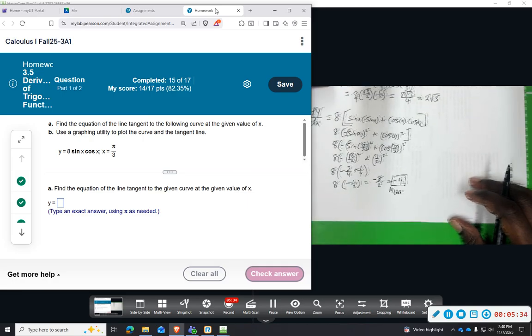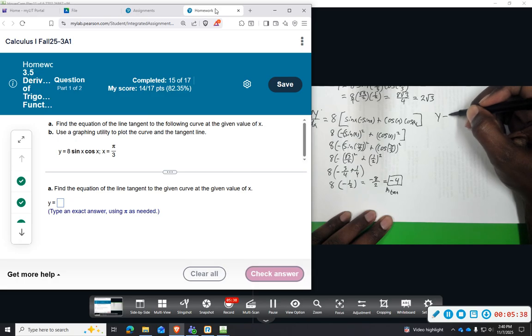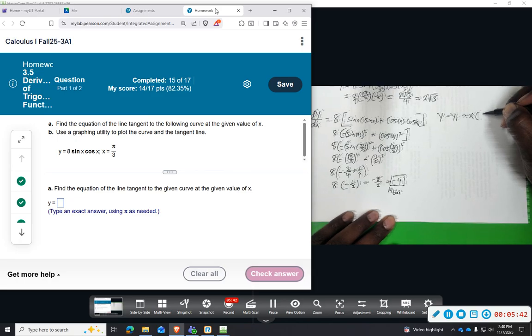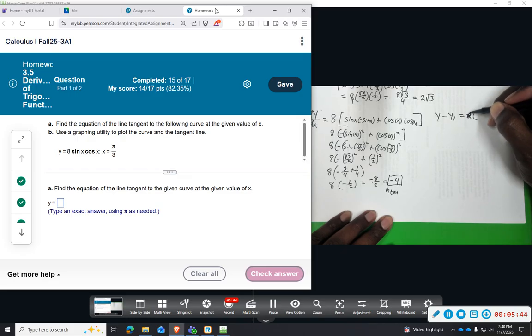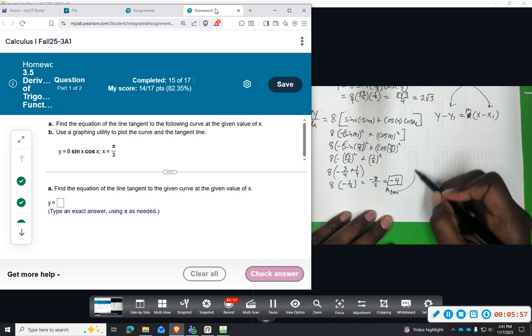All right, from here we can now use the point slope form. y minus y1 equals m, x minus x1, and we will plug in this ordered pair. This is the x value, this is my y value, and then this is my slope.